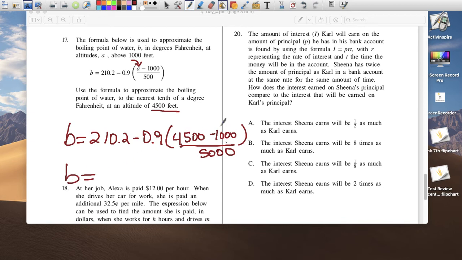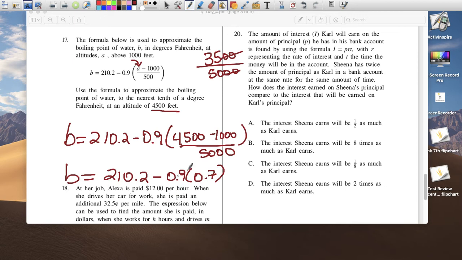One thing we're going to do is simplify this parentheses here. 4,500 minus 1,000 is 3,500, which you're going to divide by 5,000, right? So cross those zeros out. And you get 35 divided by 50, which is 0.70. So I'm going to rewrite this as 210.2 minus 0.9, and everything inside this parentheses changes to 0.7.